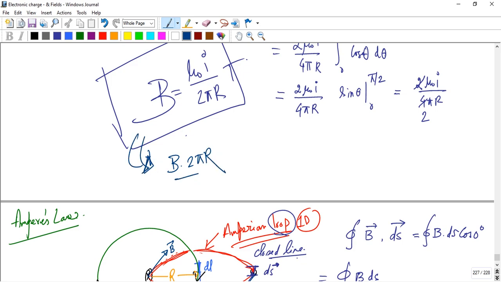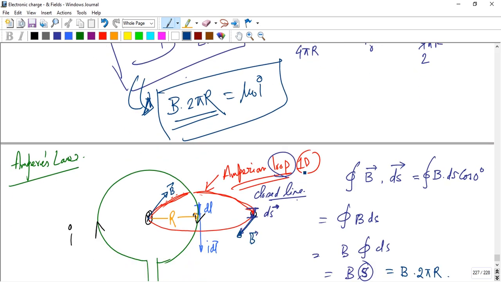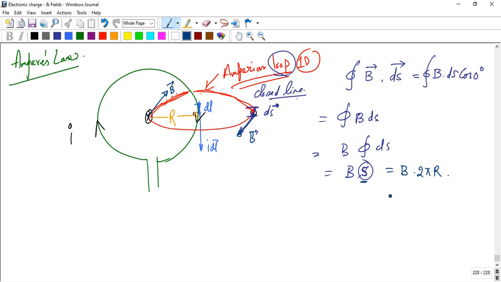Why I derived that equation here today is important. We use just one step: B times 2 pi R is equal to mu 0 times I enclosed by that loop.